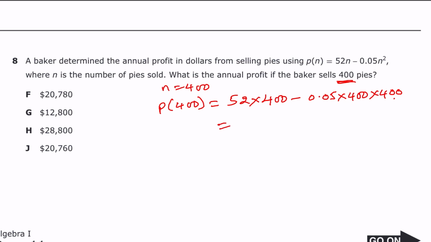So therefore this is equal to, 4 2s are 8, 4 5s are 20, so this becomes 20,800 minus, 4 4s are 16, 16 5s are 80, so 8,000, which is equal to 12,800. So the answer is G over here. 12,800 is the annual profit when 400 pies are sold.